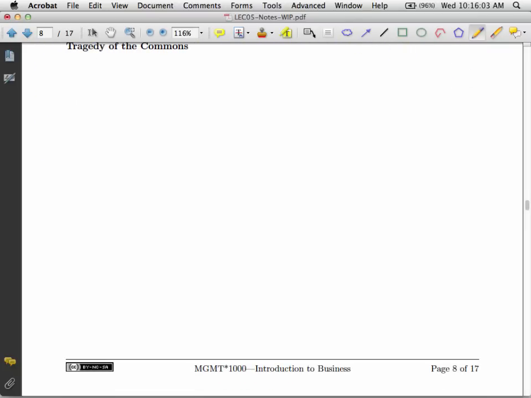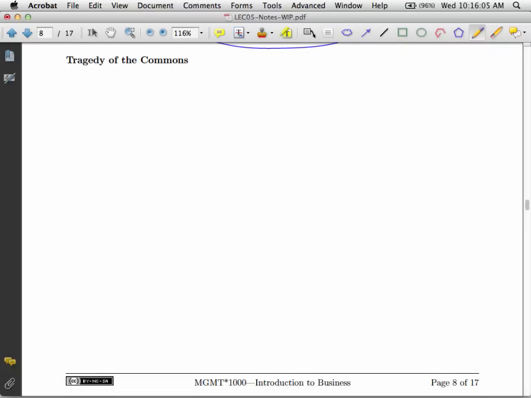And finally, tragedy of the commons. So again, we have A's activity, and this results in gain for A. And this is a reinforcing loop.